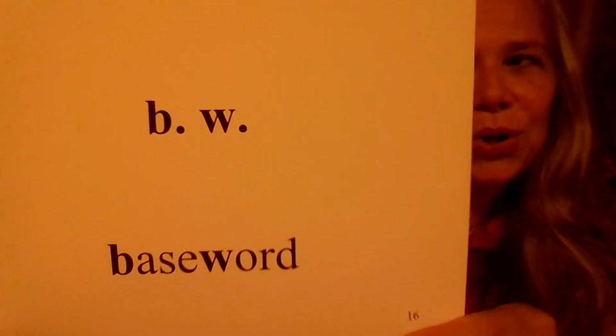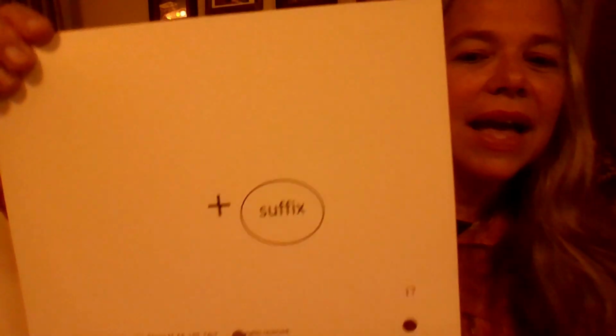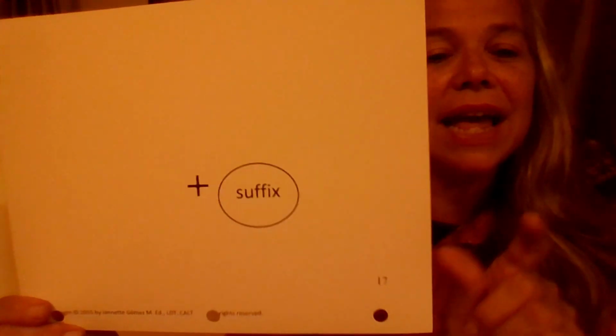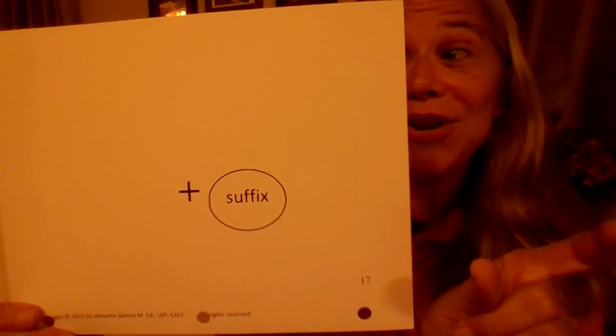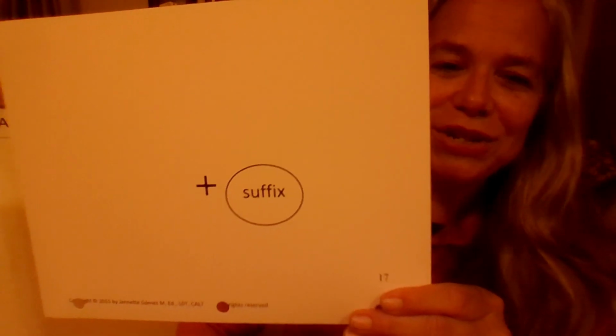A base word is a complete English word. A suffix is a letter or letters added to the end of a base word. We circle suffixes.